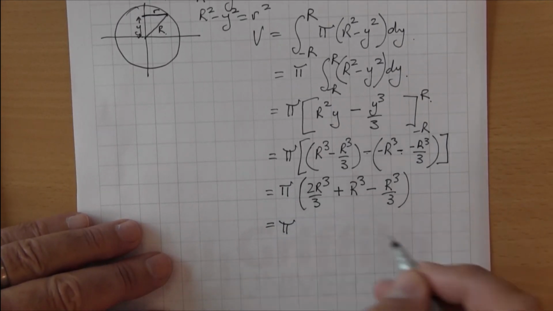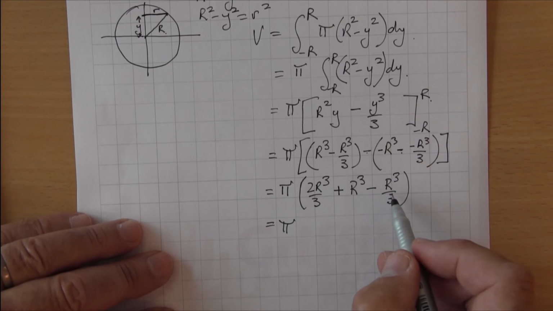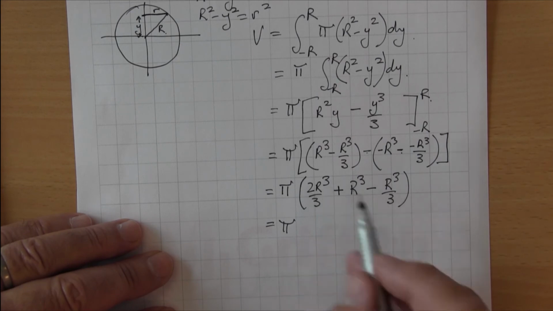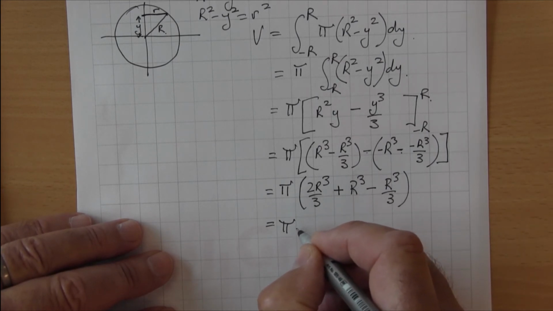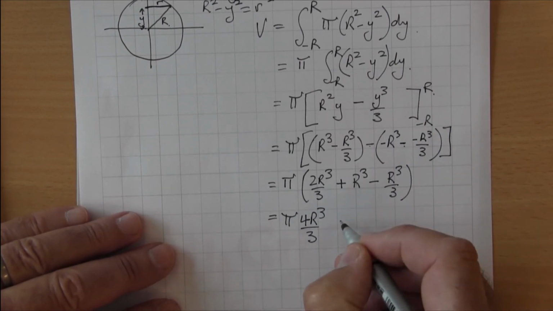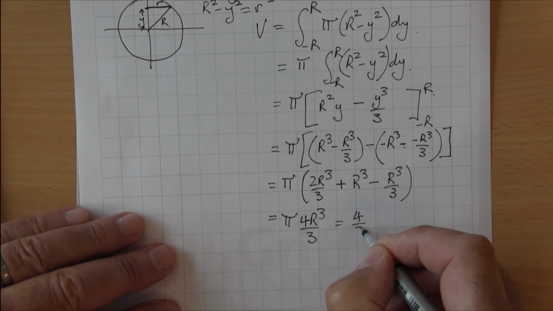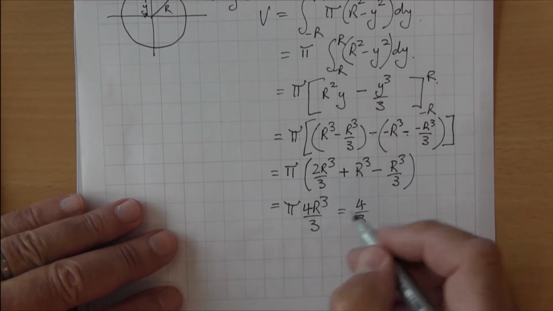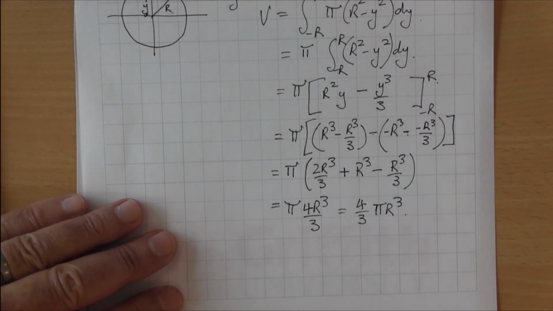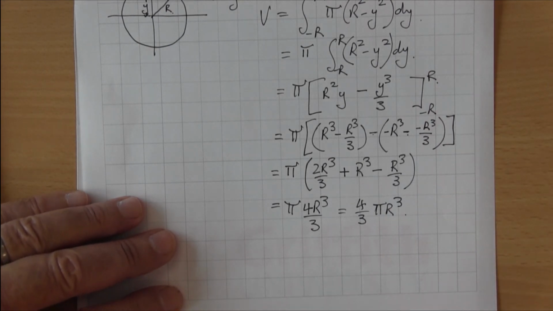Equals pi. If we take R cubed on 3 from R cubed, we get 2R cubed on 3. And 2R cubed on 3 plus 2R cubed on 3 is 4R cubed on 3. So 4R cubed on 3. And we're asked to express it a little bit better than that. Put the 4 on 3 at the front, pi R cubed, which is what we're asked to do.